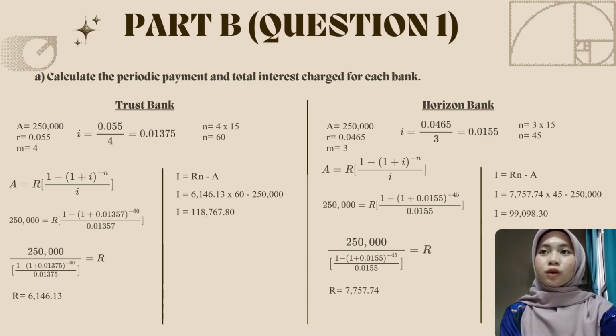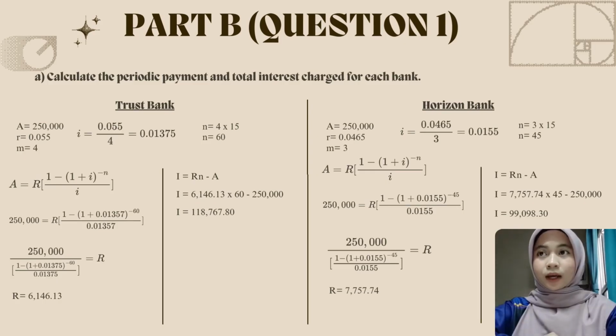A equals 250,000, R equals 0.055, M equals 4, I equals 0.055 divided by 4, and we get 0.01375, and N equals 4 multiplied by 15, and we get 60.